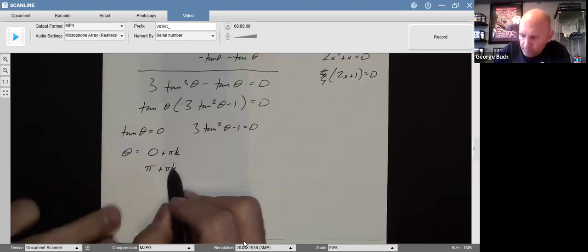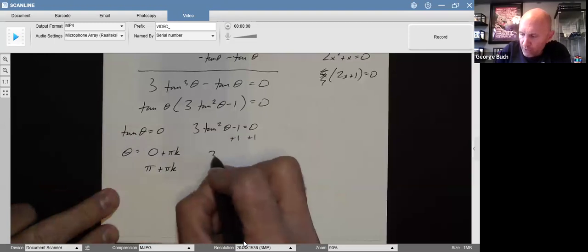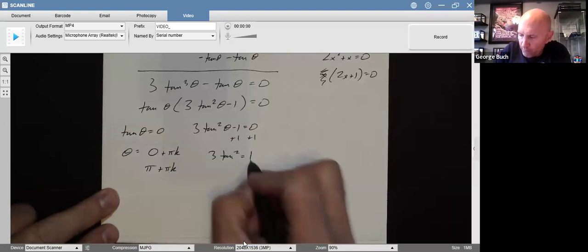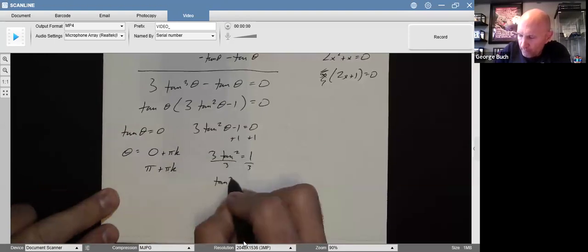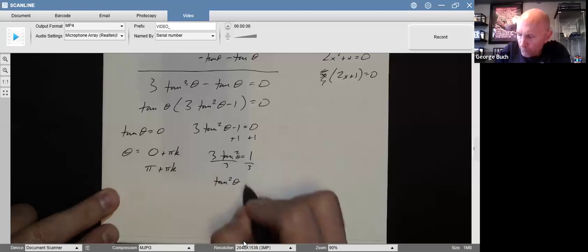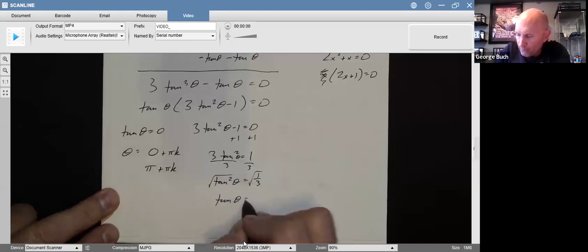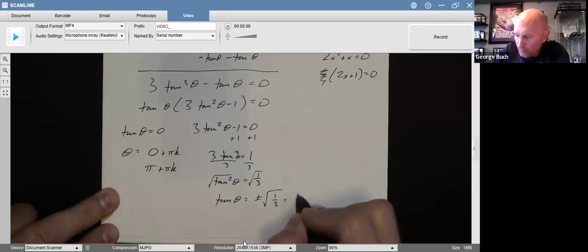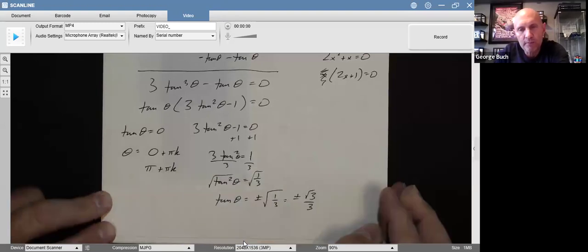And then this one, if I add 1, I get 3 tangent squared equals 1. So divide by 3. Tangent squared of theta is 1/3. So take the square root. So I get tangent of theta is plus or minus square root of 1/3, which is plus or minus root 3 over 3 if I simplify and rationalize.